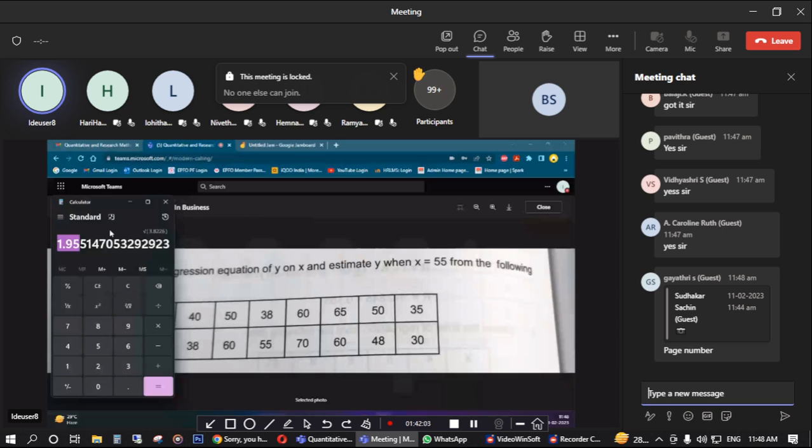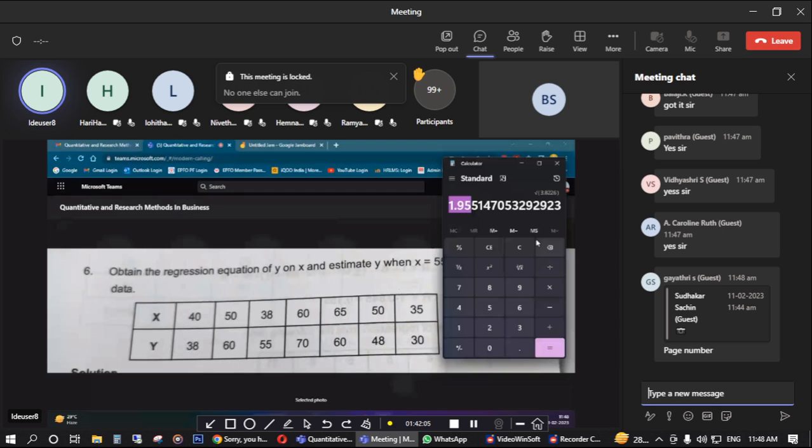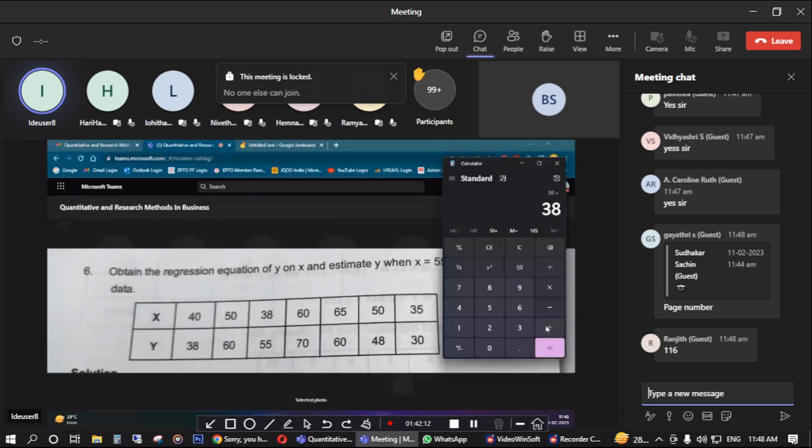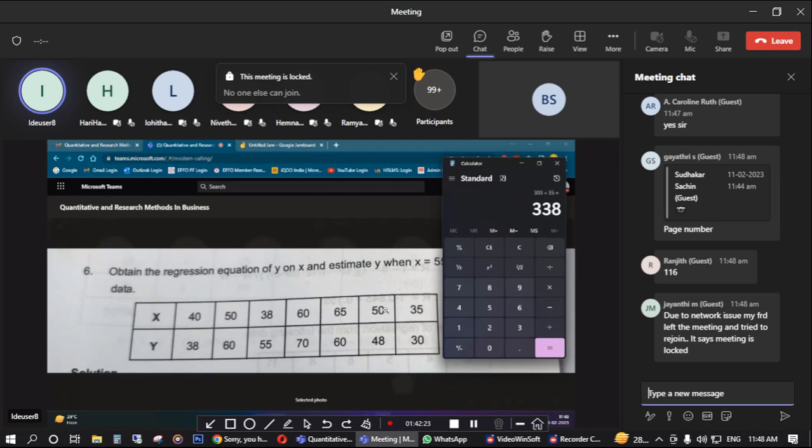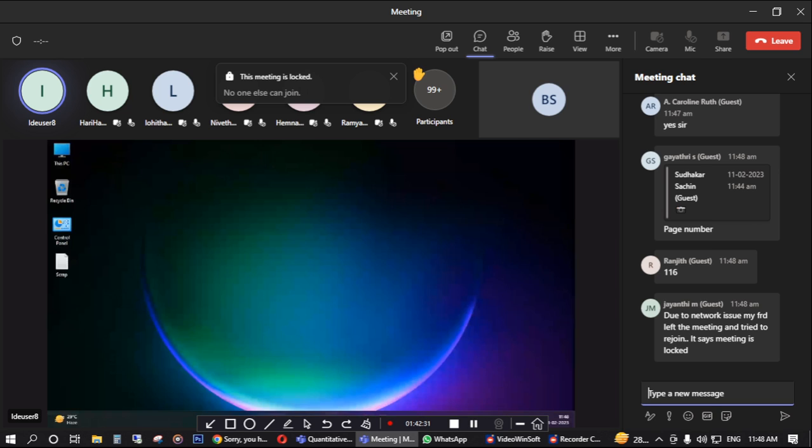See, when you just take the values here, 40 plus 50 plus 38 plus 60 plus 65 plus 50 plus 35, that is 338, and there are 7 values. Divided by 7, how much is it? 48.28 is your x bar.